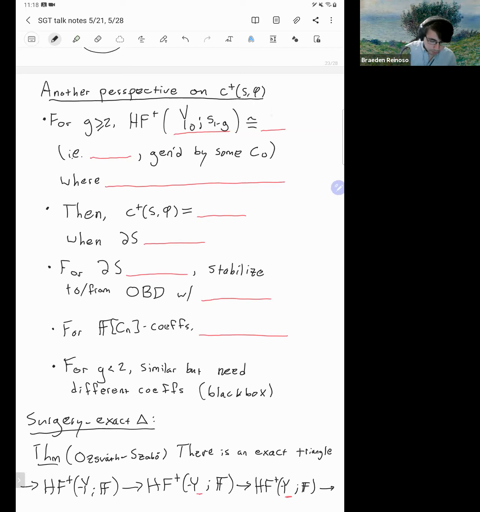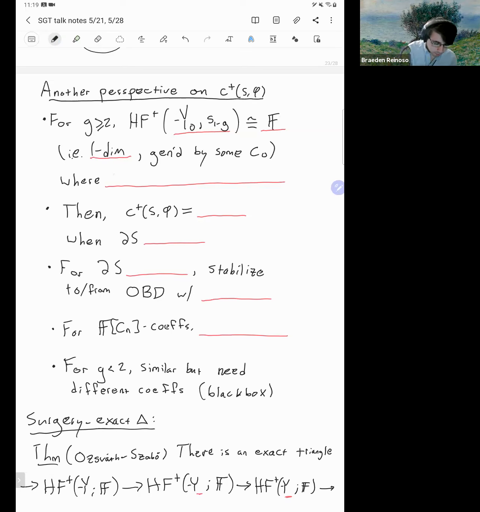For g greater than 2, HF plus of this guy here with a minus sign is isomorphic to just a single copy of F. So it's one dimensional, is what that's saying. And so it's generated by some, say, c0.